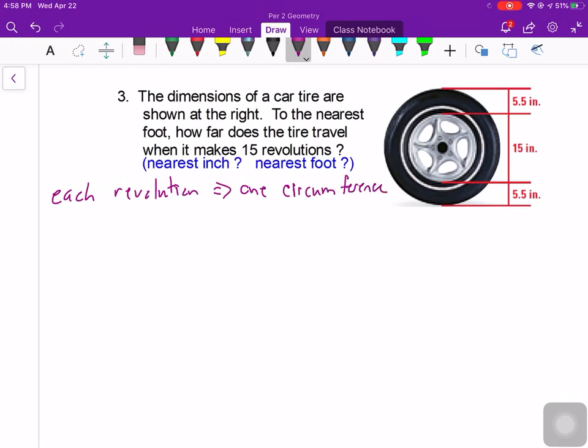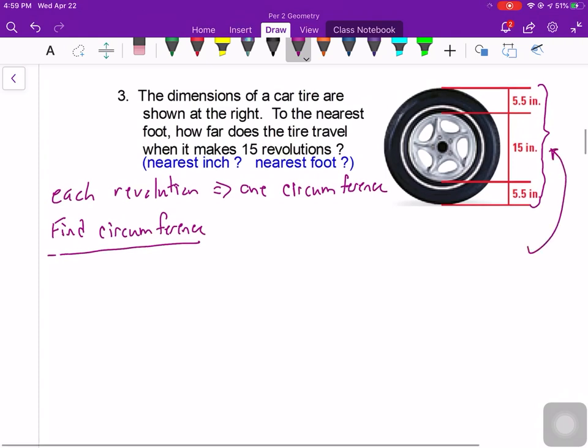So we're going to first find the circumference. When we go to find the circumference this time, they did not give us the radius. But they were nice enough to tell us this total distance right here, from the top of the tire to the bottom. That's actually the diameter.